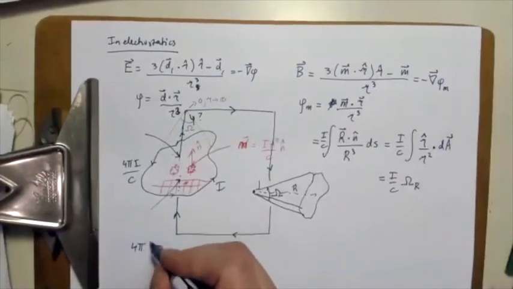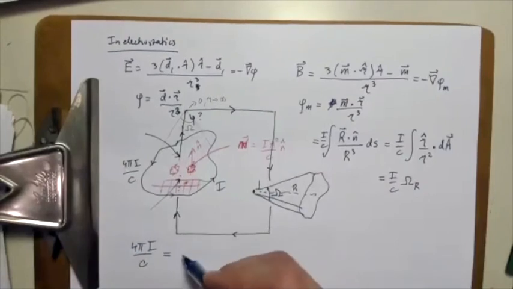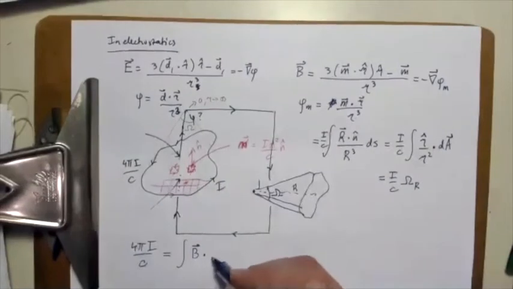We know that it's 4 pi I over C, and it's the line integral over the path. So that's a B dl.